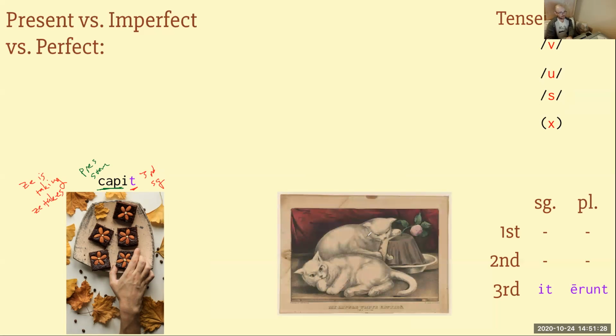Here it looks like the cats are taking the food, so we'll continue to use the present stem in the formation of the imperfect tense. We have the addition of that E sound, but our primary tense marker is still that ba. And our regular old personal ending, third singular right there. For capiebat, she was taking the cake.